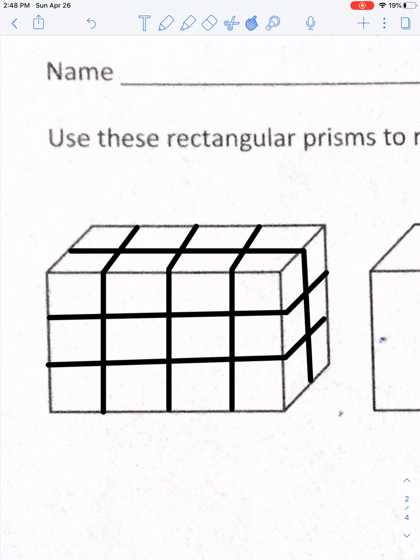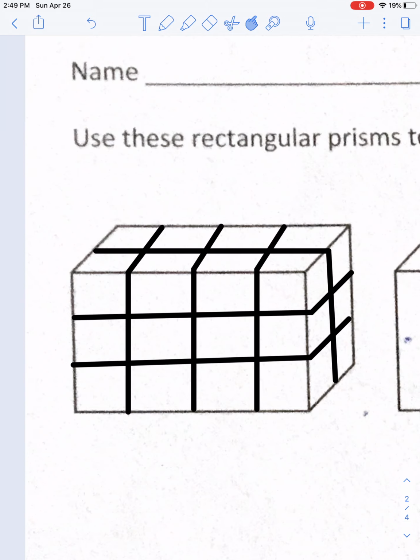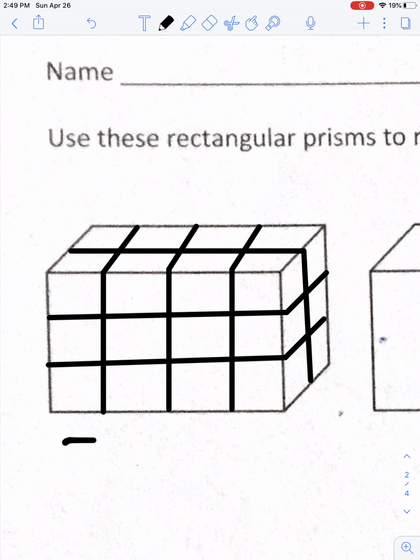Okay, what do we notice here? Can you record the length, width, and height of this rectangular prism on your recording sheet? The length, L for length, on the bottom is how many units? 4 centimeters.